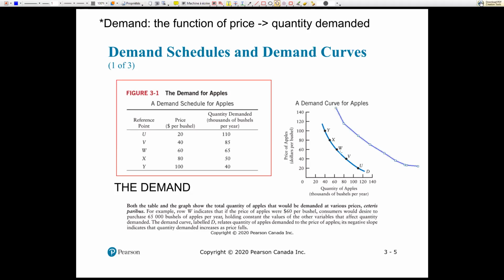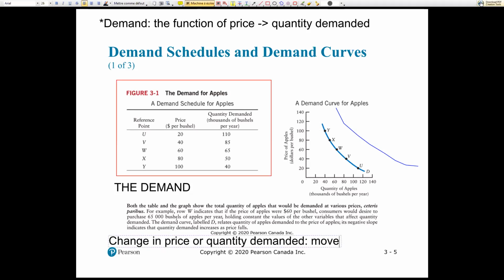So here, this is a movement on the curve. So a change in price or quantity demanded is a movement on the curve.